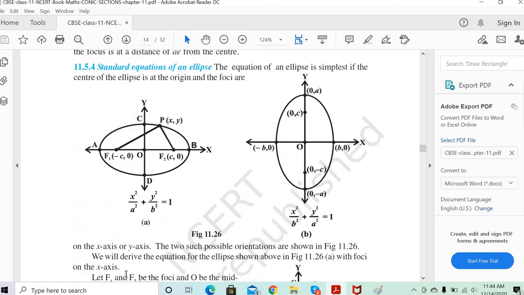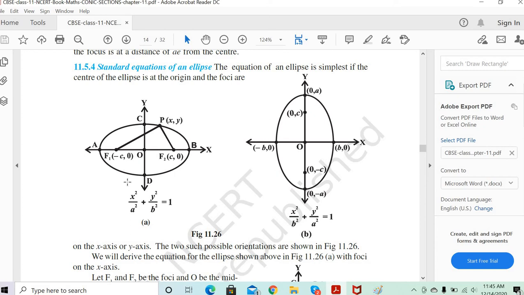Figure 11.26. So everything remains the same. Whenever we talk about the ellipse, we'll have the major axis, minor axis, the center and the focuses. Got it?